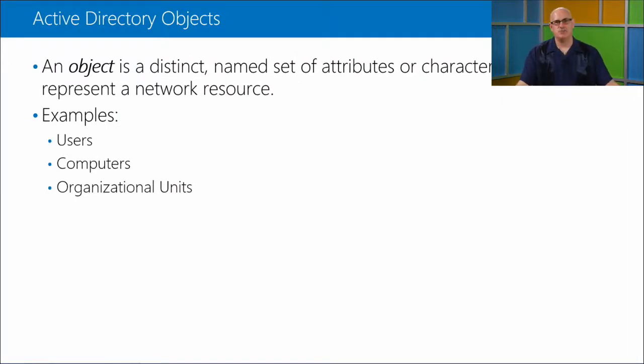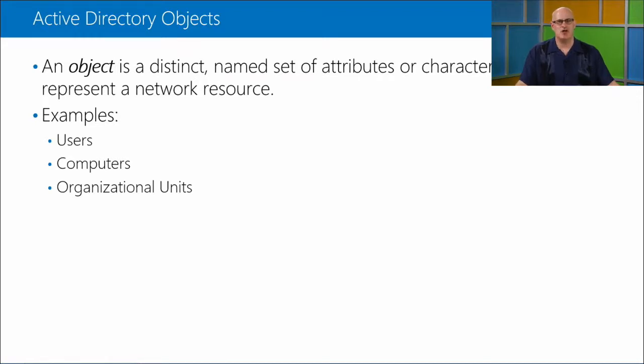Active Directory objects. Active Directory is made up of objects and resources. An object is made up of properties and attributes.